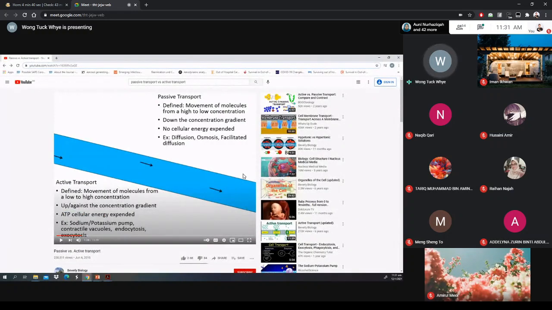For the active transport, you will have movement of a molecule or particle. If you don't want to be specific, call it a particle, because a molecule does not have charges. By the time you have an ion, like sodium or potassium, that is not a molecule, so name it a particle. So it is movement of a particle from a lower to higher concentration site.